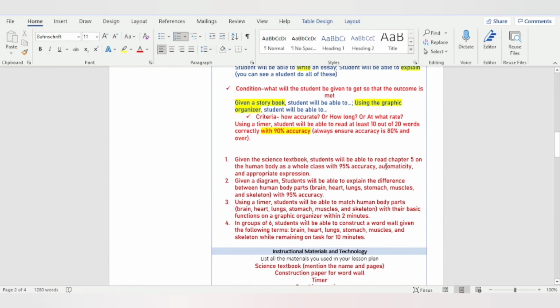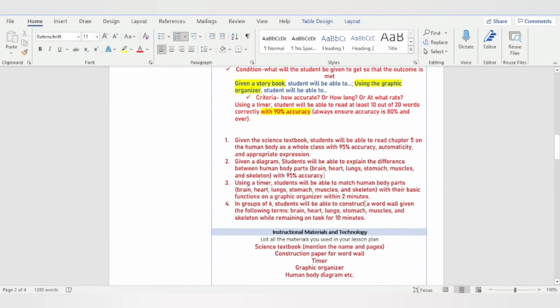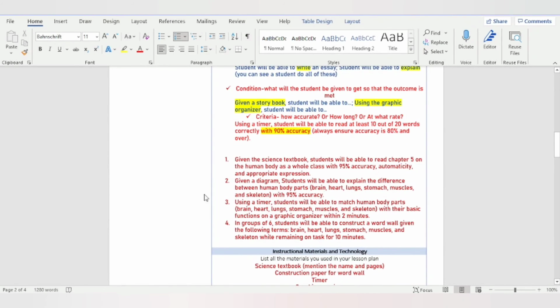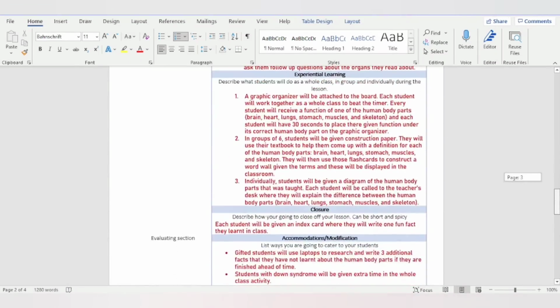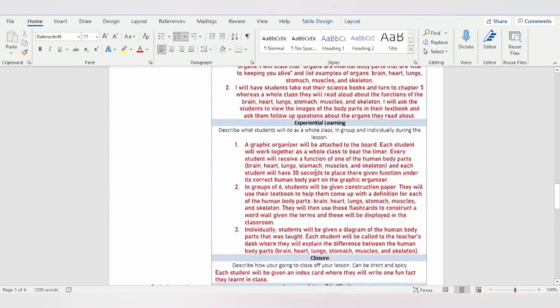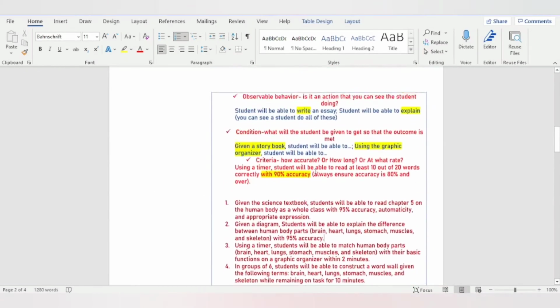My students would have been able to read chapter 5. My students would have been able to explain the difference. My students will match human body parts. These are all everything I mentioned in the lesson plan. So that's what makes the lesson plan successful, because that's what my students were able to do after I taught them, after I let them do the activity, all of that.